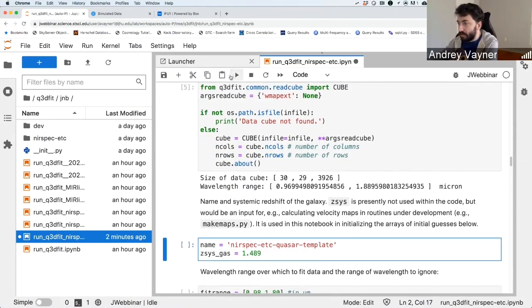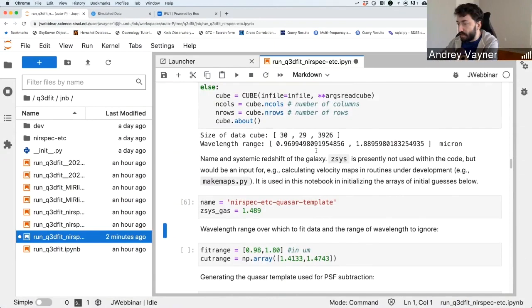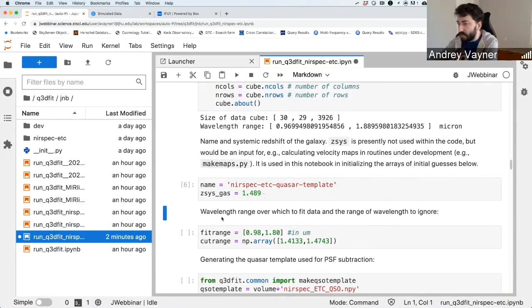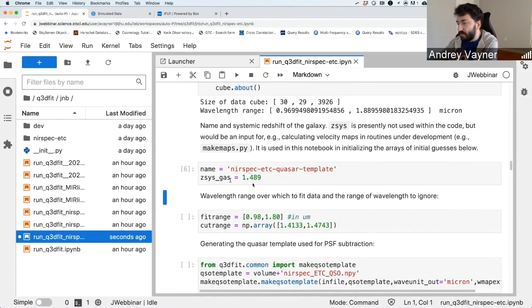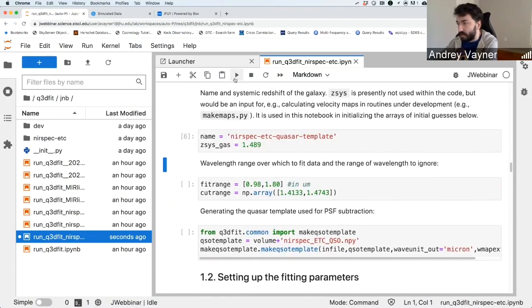Okay, so the next portion is we're setting up the systemic redshift of the gas in the system, which is at 1.489. That's just the redshift. This doesn't really get used very much in the data, but it's still important to set it for the fitting routine for the emission lines.